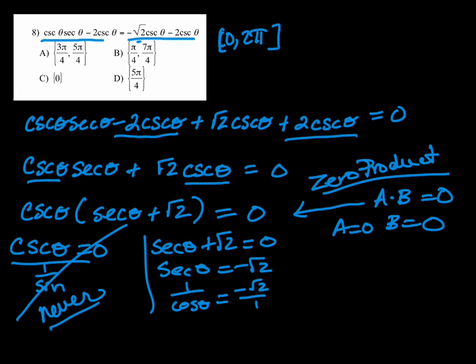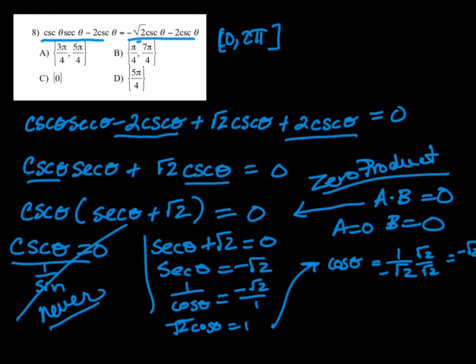So if you want to solve using cross products, we get negative square root of 2 cosine theta equals 1, or cosine theta is 1 over negative square root of 2. Let's get this in the right format. Square root of 2 over the square root of 2. So that equals negative square root of 2 over 2.